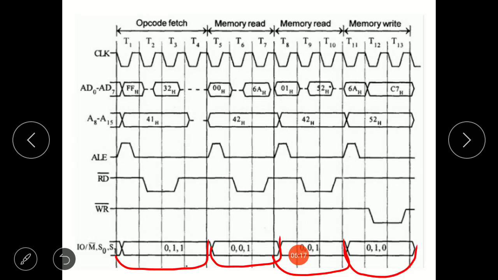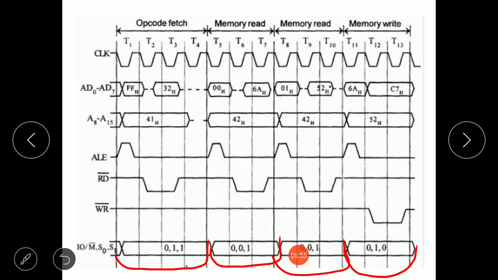If in an exam I give you any instruction and ask you to make its timing diagram, first you need to find how many machine cycles are needed for the complete execution of that instruction. In this instruction there are 4 machine cycles. Accordingly, I have shown the timing diagram of each machine cycle: opcode fetch, memory read, memory write, input output read, and input output write.